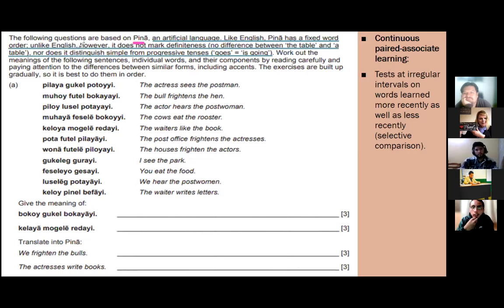That means that the sentences have subject, noun, verb, preposition, and so on. But Piña does not have determiners, the and a. So, knowing these facts, we have to find the meaning of these sentences in Piña and translate them to English.